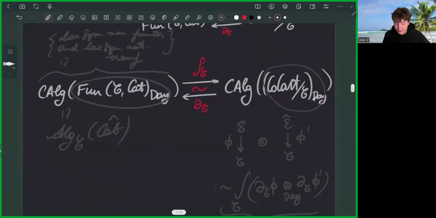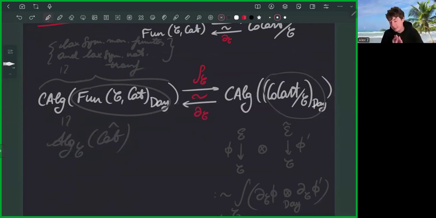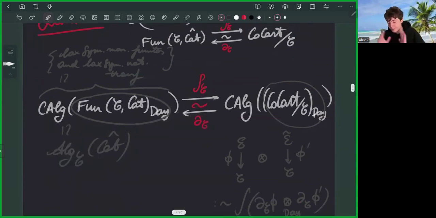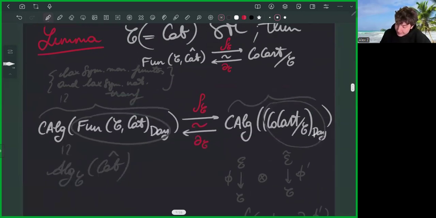And sort of by definition, algebra objects in here will be mapped to algebra objects in here. So they are in an equivalent correspondence, right? So this is really a one-to-one correspondence. But now on this hand side, you have a different interpretation of Lax symmetric monoidal functors and Lax symmetric monoidal transformations.